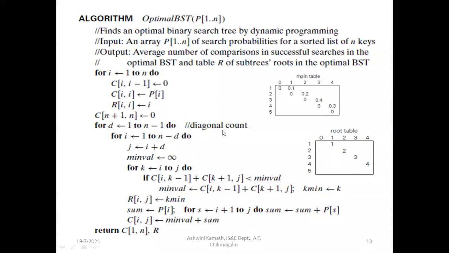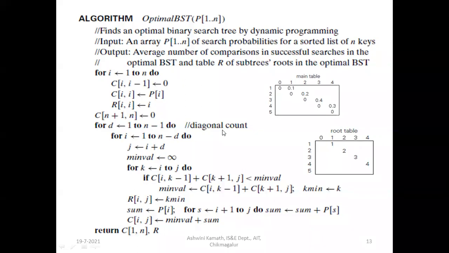So we need D is equal to 1 to n minus 1, I is equal to 1 to n minus D, because we are not calculating all the values in the table. Lower triangular elements from the diagonal we are not calculating. So only upper triangular elements we are going to calculate. So I will vary from 1 to n minus D, and J is equal to I plus D, because we need only upper diagonal elements.